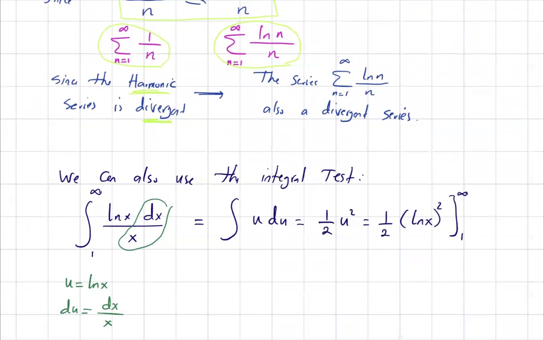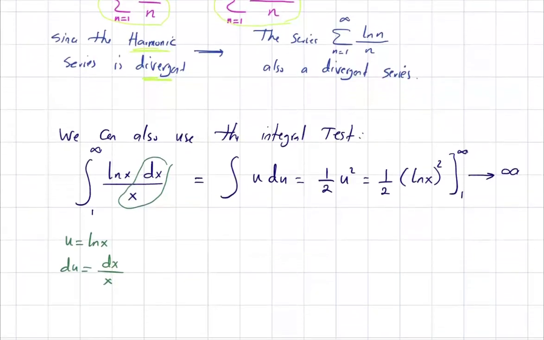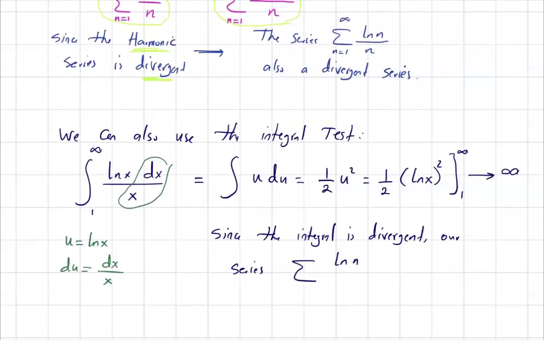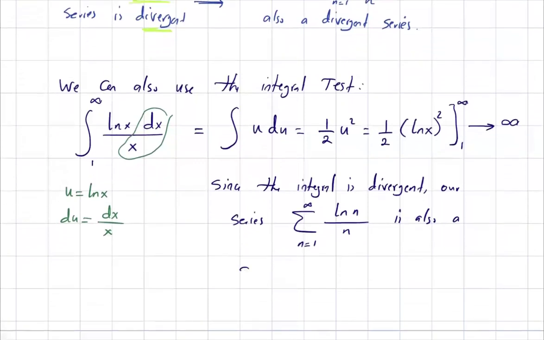If you plug in infinity, ln of x goes to infinity. Since the integral is divergent, your series is divergent as well. Our series ln of n divided by n, starts from 1 to infinity, is also a divergent series.